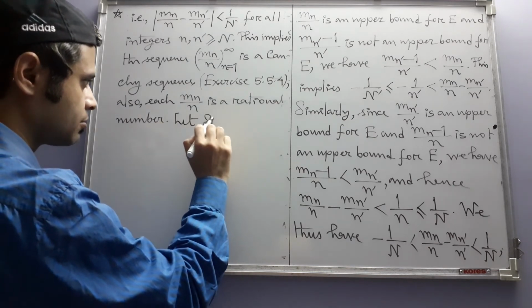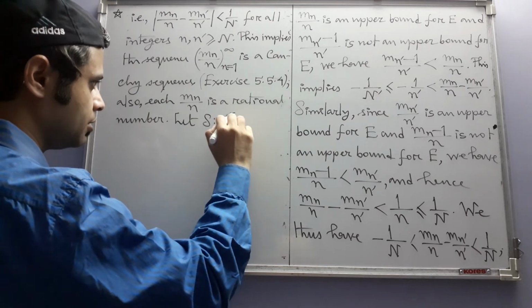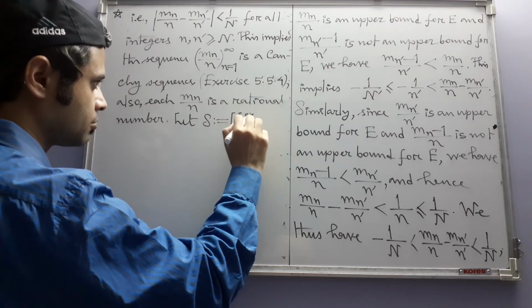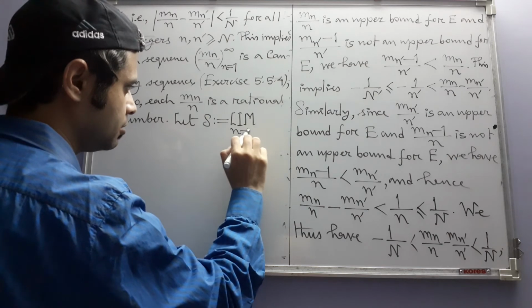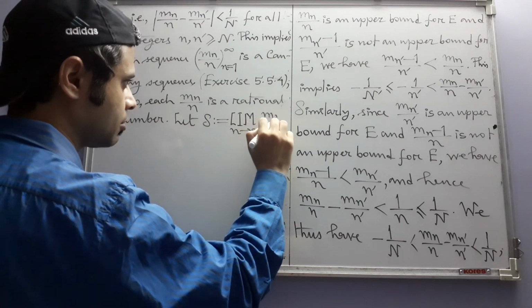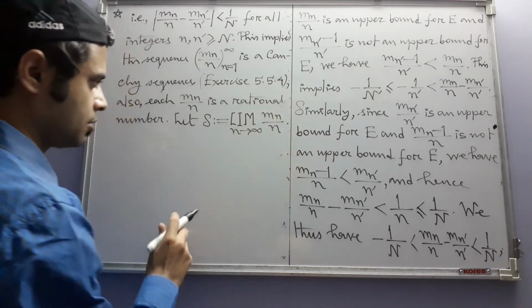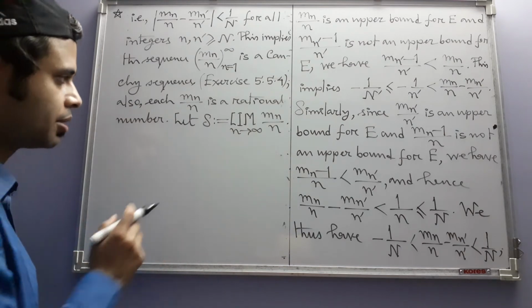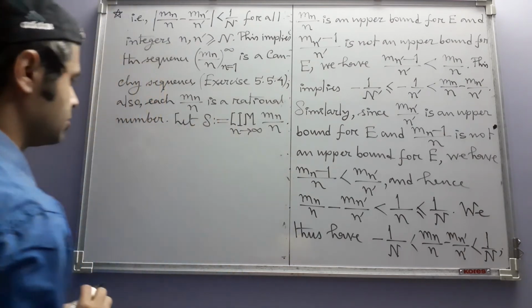Let S be the formal limit of this Cauchy sequence. That means S is a real number associated to this Cauchy sequence.